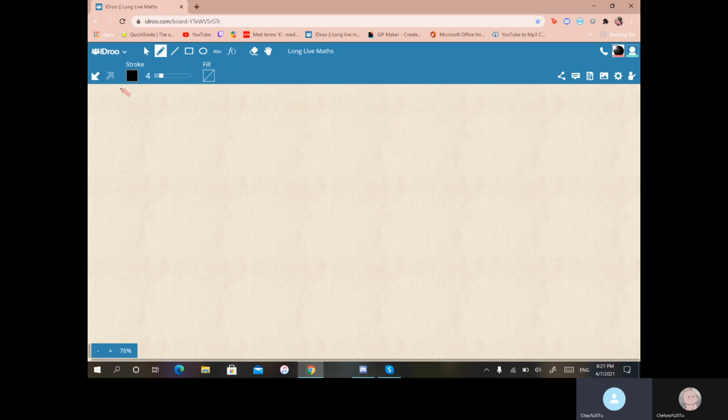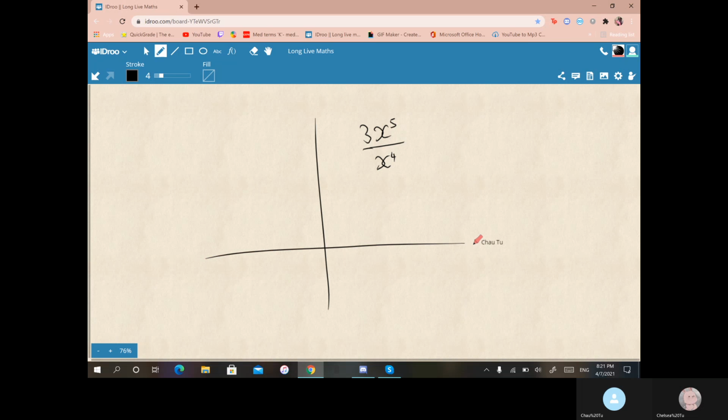Anyway, so let me ask you this. Hang on. Let me think. X to the power of 5 over x to the power of 4 with a 3 here. What does that look like? Let me think about this one.